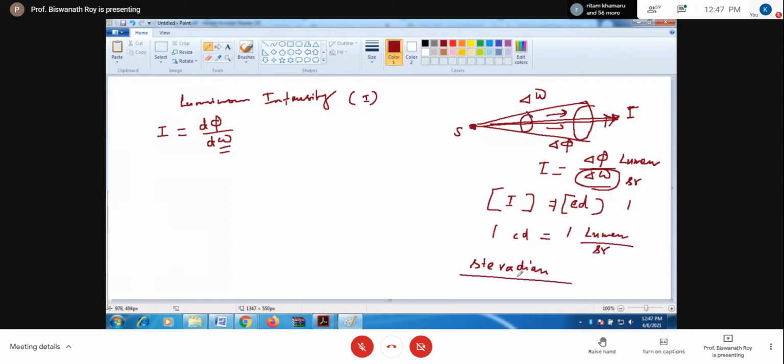Radian for plane angle, steradian for solid angle. So intensity is basically a directional quantity, the directional distribution of light, because if I consider another direction, very likely the intensity is different. So I is a directional parameter.